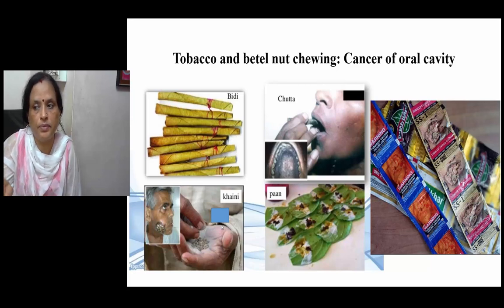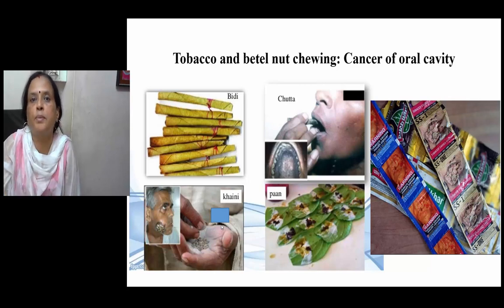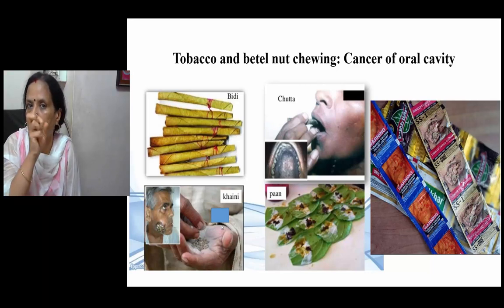All this, the pan, gutka and all that. So initially they cause submucous fibrosis. You have seen the oral cavity with a nice smooth lining of the mucous membrane. Initially it causes puckering, fibrosis of the mucosa. So later it is dysplasia and development of malignancy.